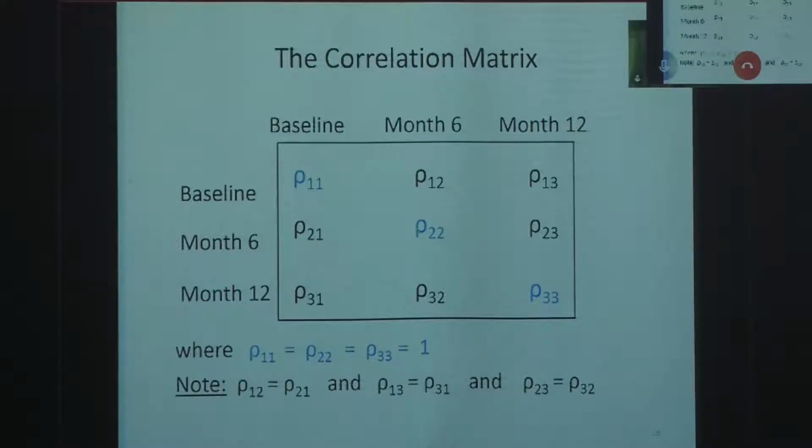I put the generic notation in here, but really there's 1s on the diagonal because everything has a correlation of 1 with itself. And the correlation between baseline and month 6, or between month 6 and baseline, are the same. So these two numbers, even though the subscripts are reversed, the numbers themselves are the same. This and that are the same, this and that are the same. And so in this matrix, there's actually only 3 numbers that are of interest.